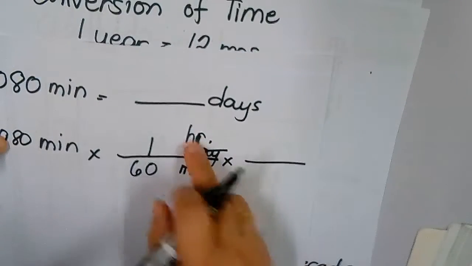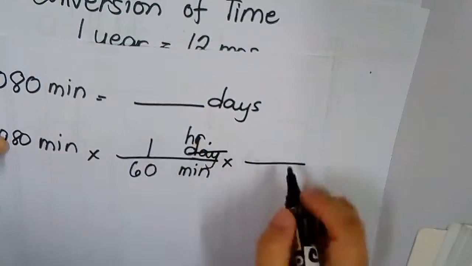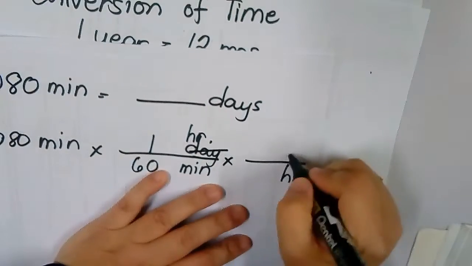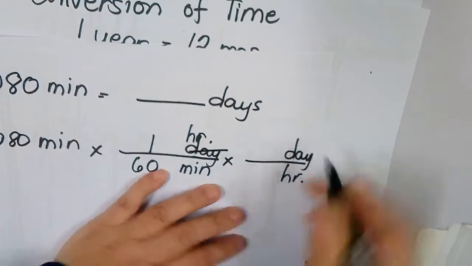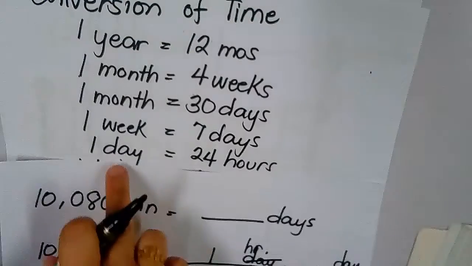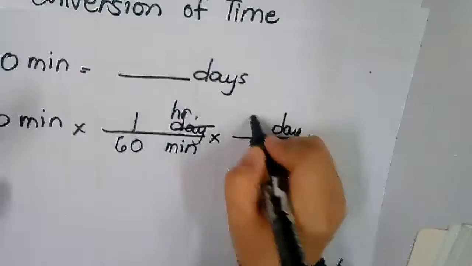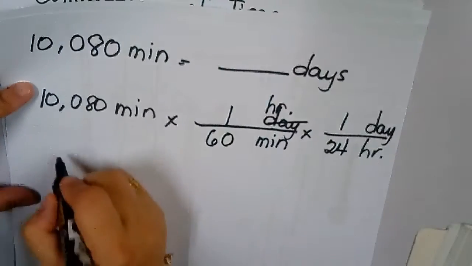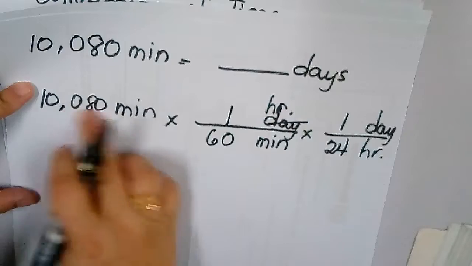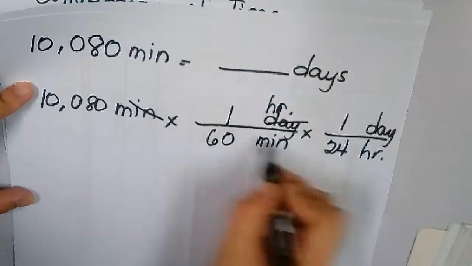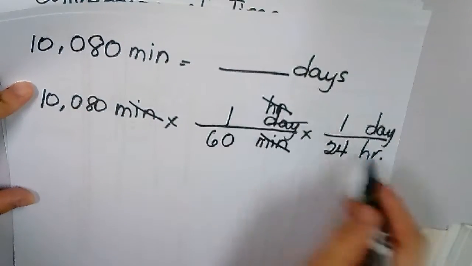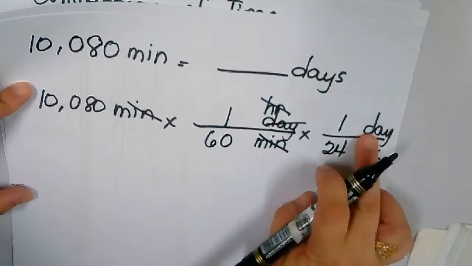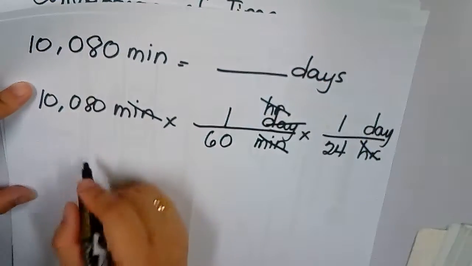So, saan natin lalagay si hour? Siyempre, ito. Itong isa naman. Okay? Tapos, si day naman yung nandito sa kabila. Tapos, nakalagay dito, 1 day mayroong 24 hours. Okay? So, 10,080 minutes. Ito ay canceled. Si hour, tsaka hour, canceled na rin. Natira ay si day, which is yun talaga yung hinahanap natin.